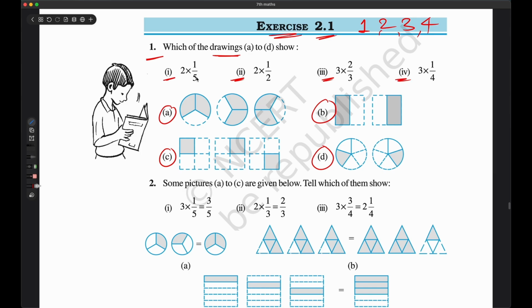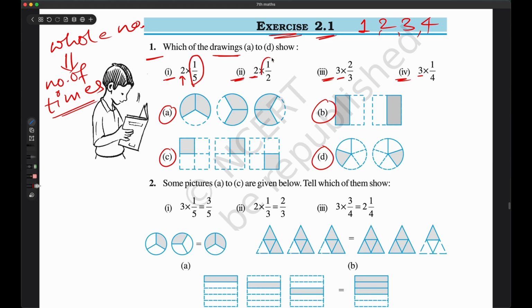First one is 2 into 1 by 5. The whole numbers 2, 2, 3 and 3 show the number of times, that is 2 times we are repeating 1 by 5. Here 2 times we are repeating 1 by 2.